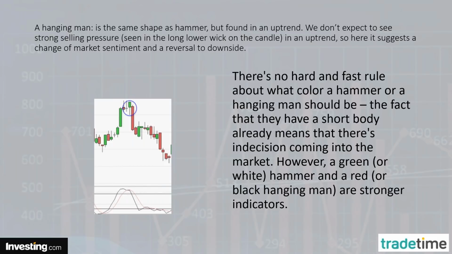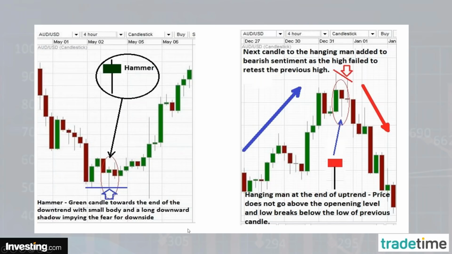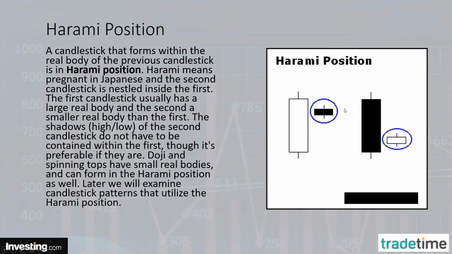I've given you ones that show you each of the candles, the shape, and give you an explanation as to what they mean. So a hammer would appear at the end of a downtrend, telling you that downtrend is over and it'll move into an uptrend, whereas a hanging man will appear at the end of an uptrend to tell you the uptrend is over. So again, it depends on which way the market is moving.